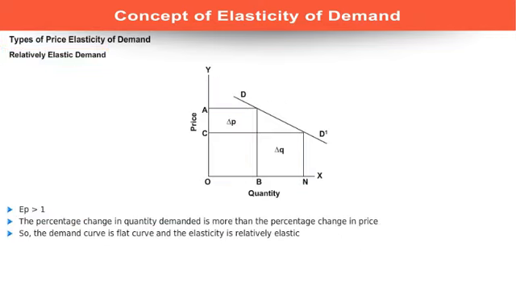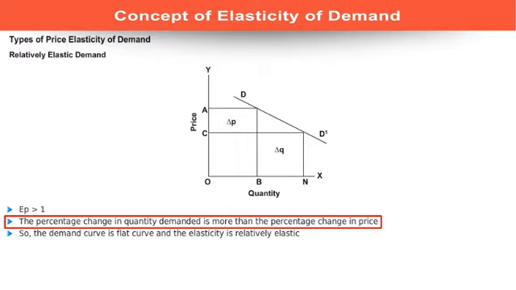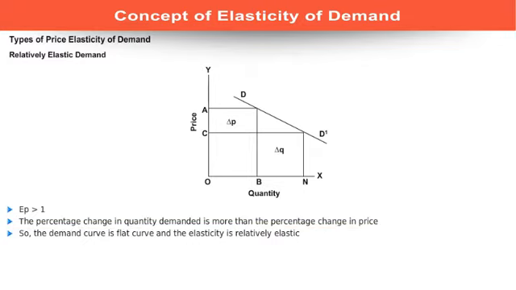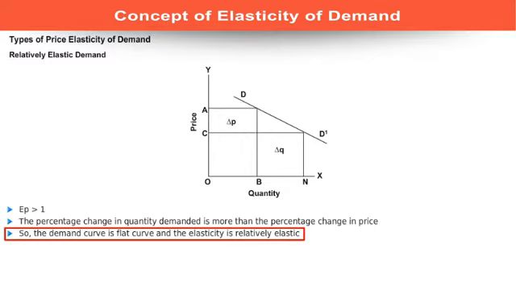Relatively elastic demand. Now here you can see that there is a smaller change in price but a greater change in quantity demanded. So the proportionate change in quantity demanded is more relative to the change in price. So here EP is greater than 1 because percentage change in quantity is greater and percentage change in price is comparatively lesser. So here I have a flatter curve.